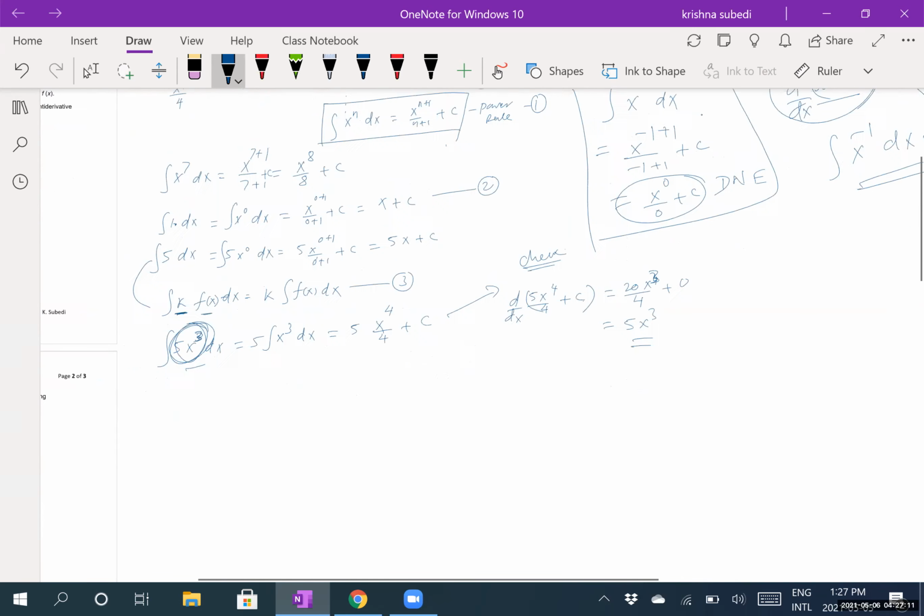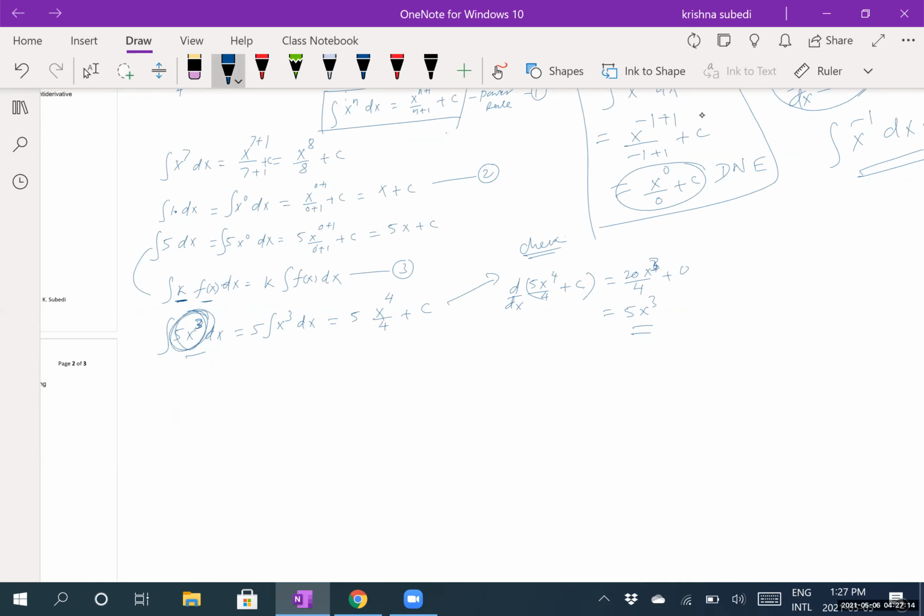Now let's do a couple of things again. Suppose you are given the function e to the x. What is the derivative of e to the x? It's the same, right? e to the x. Therefore, its antiderivative must be the same, e to the x plus c.